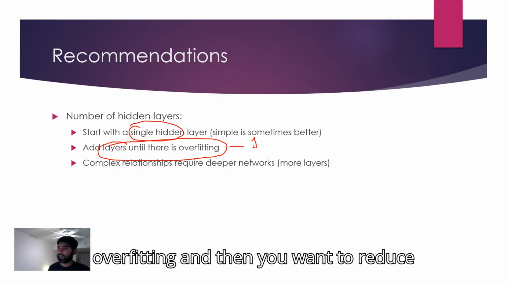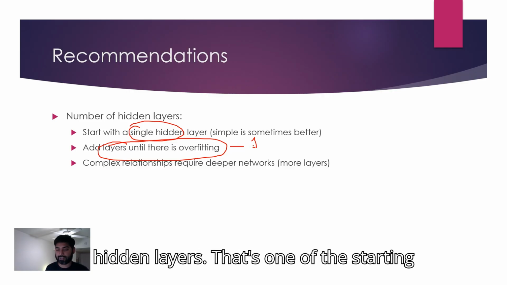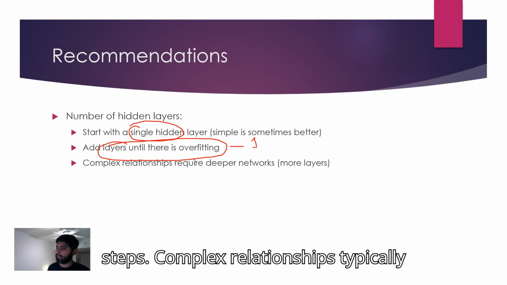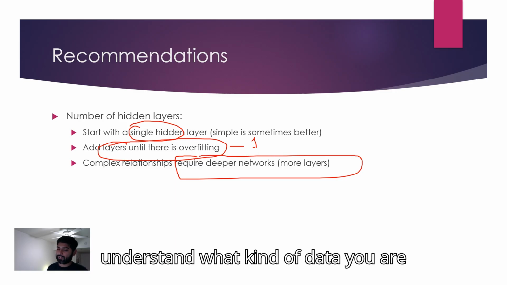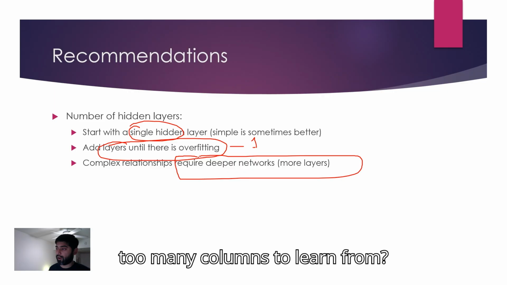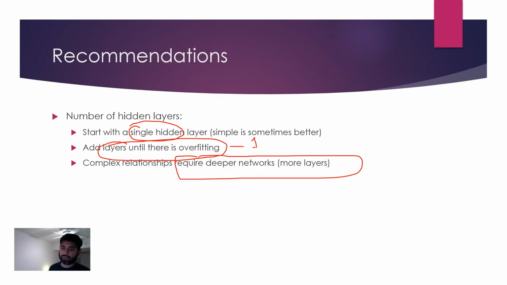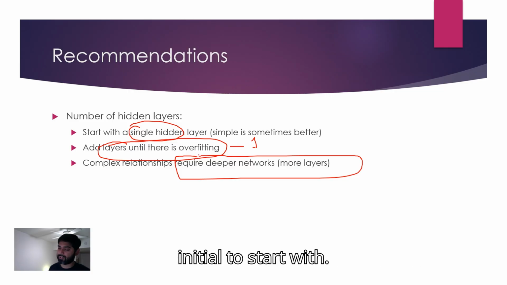And then if you want to reduce your overfitting, you could reduce your hidden layers as one of the starting steps. Complex relationships typically require deep neural networks. So just understand what kind of data you are dealing with. Are you dealing with way too many columns to learn from, and they don't seem to have any patterns initially to start with?